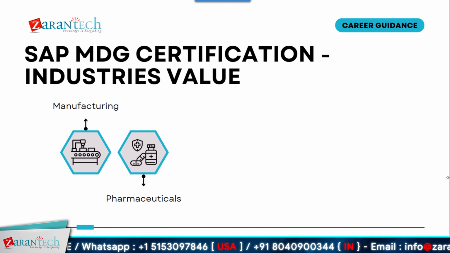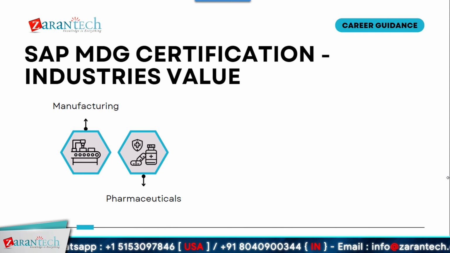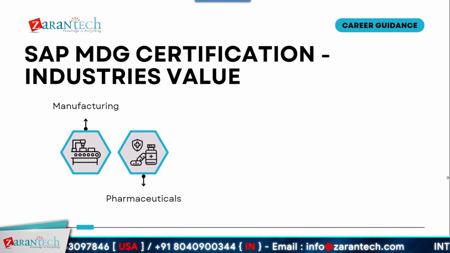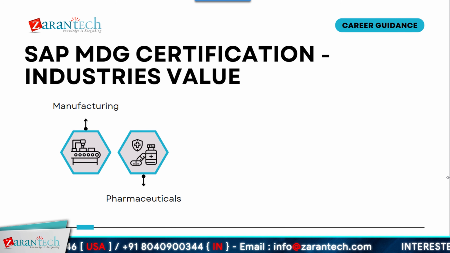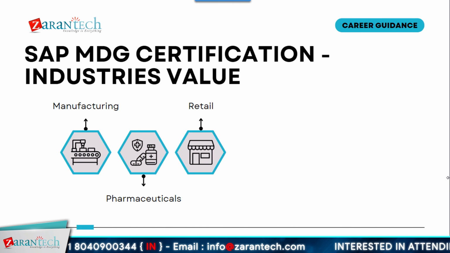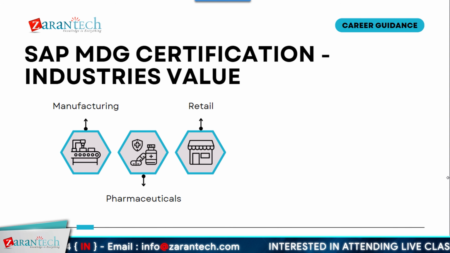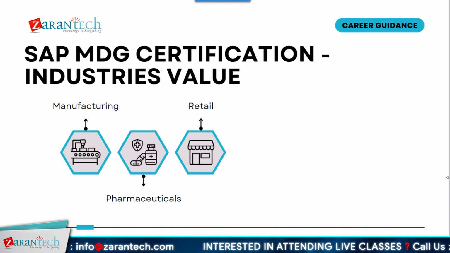Your job is to make sure that every product, supplier, and consumer is accurately recorded. With your skills, the shopping experience gets better for everyone. Now, consider consumer products. This is where you manage lots of product details and customer information. With your certification, you make sure everything is perfectly organized.